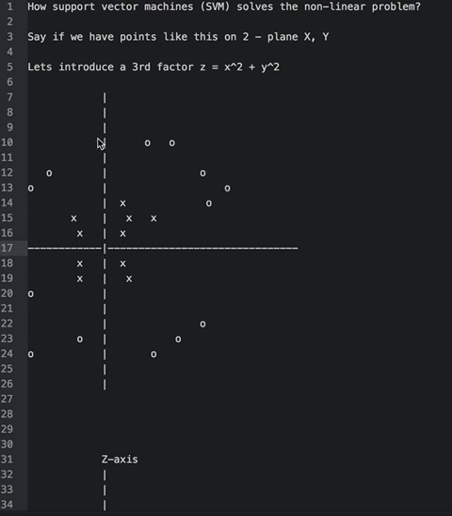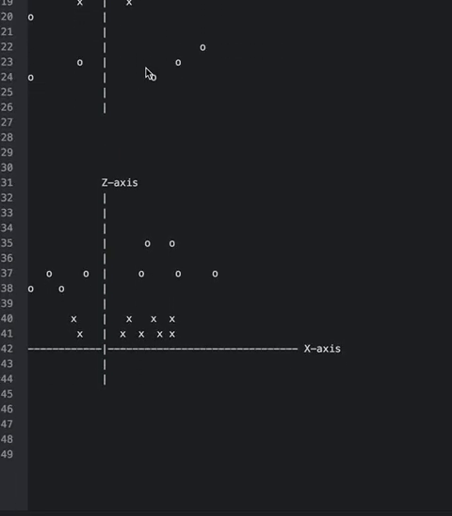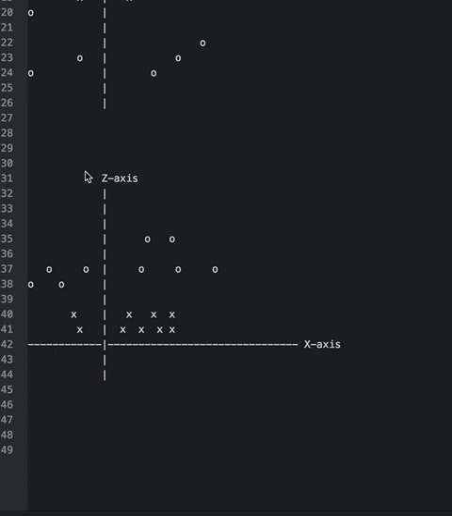But all these O points that are away from the origin will have a very high value of z. So if I draw these points on the z-axis, all the x's will have a lower value and all the O's will have a greater value.